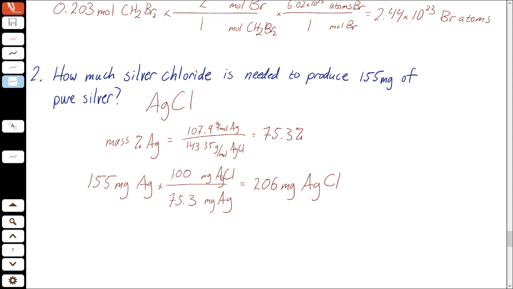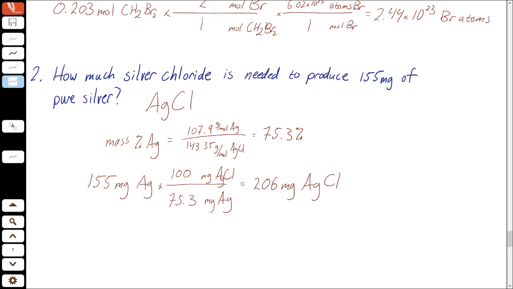You know kind of what percents are at this point in your life probably. So if it's 75%, right, that's like 3/4. So if you get that you need 206 milligrams silver chloride to produce 155 milligrams, does that about make sense? Is 155 about 3/4 of 206?